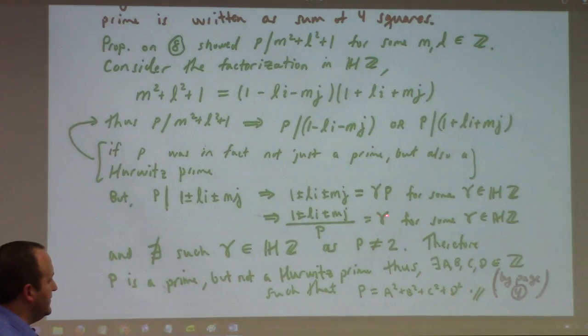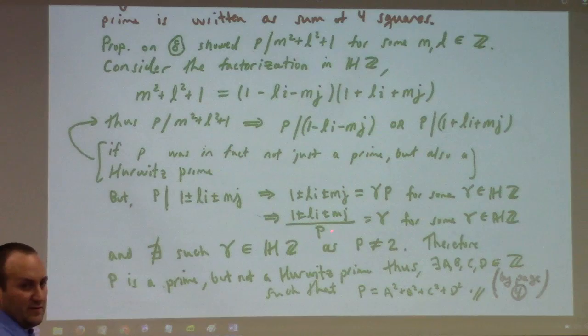And consequently, you can't have 1 over P, where P is an odd prime, be part of a Hurwitz integer, right? Like 1 over P, where P is 3 or 5 or whatever, that's not something you can get equal to a Hurwitz integer, which has at most fractions of a half. So this can't happen, which shows you that there does not exist such a gamma, which shows you what?